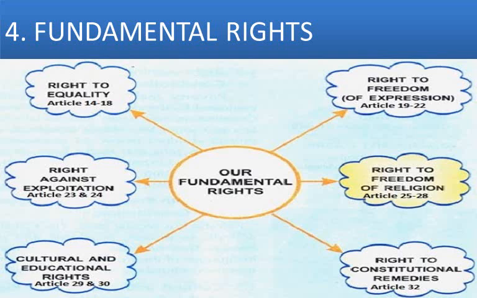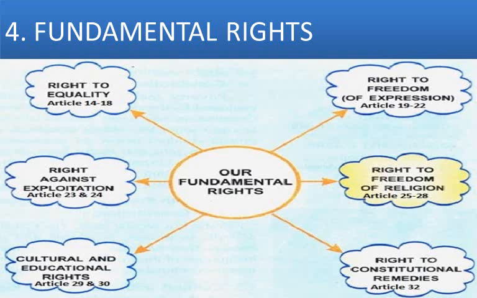Right against exploitation. Human trafficking, forced labor, and children under 14 years of age working in difficult occupations are strictly prohibited. So children are not allowed to do child labor, and any kind of trafficking is not allowed.